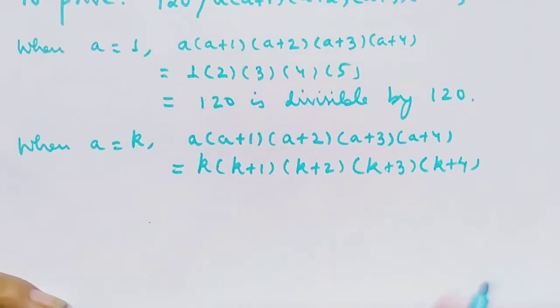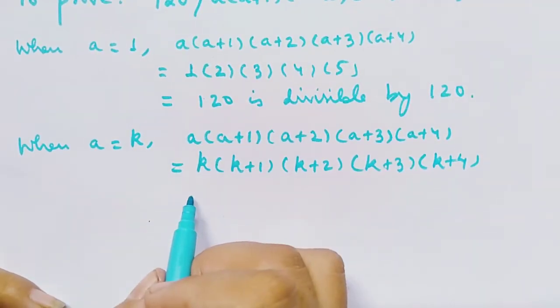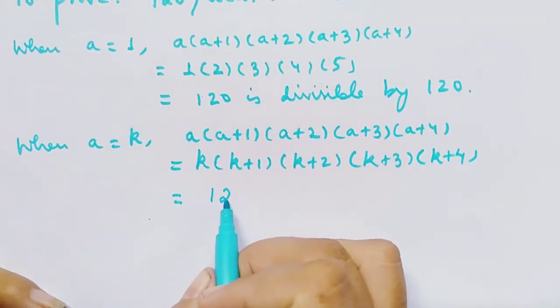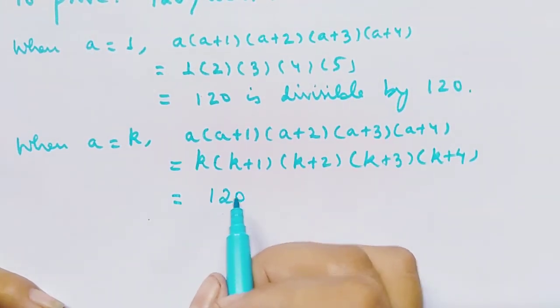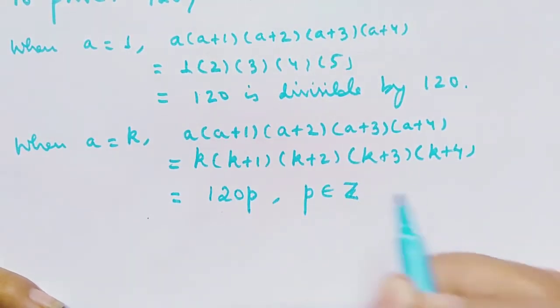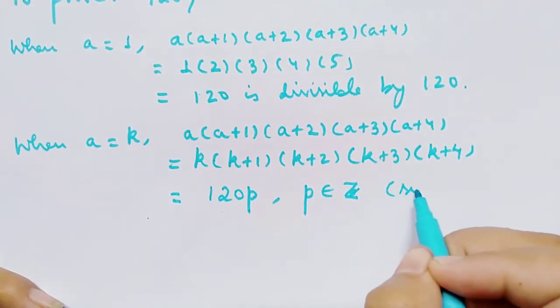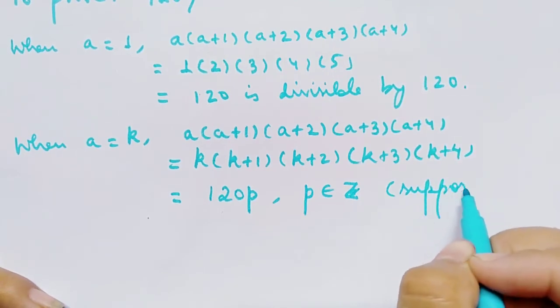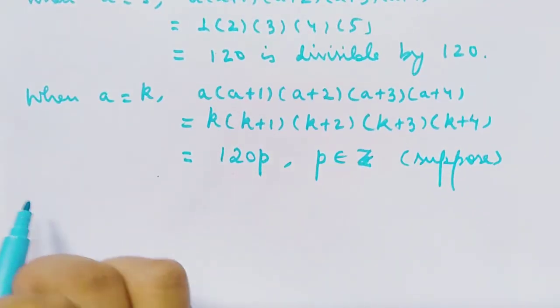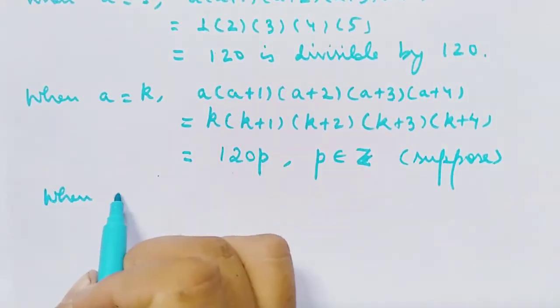Suppose this is divisible by 120, so we can write it as a multiple of 120: 120 into p, where p is an integer. Okay, this is what we assume. Now we have to prove that the result is also true when a is equal to k plus 1.